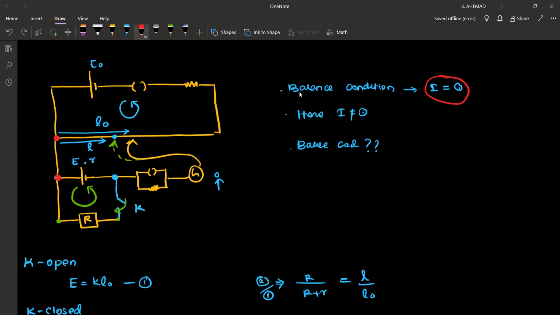Just think the switch is open. When the switch is open, there is no current flow here. Have you all drawn the circuit before I make any changes?